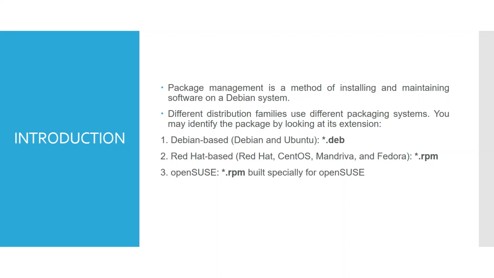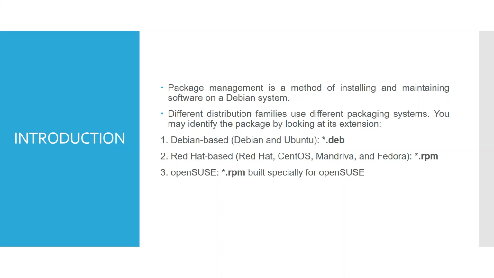For example, given here, we have three types of distribution. The first one is Debian. Debian and Ubuntu have the same package file, which is .deb. If you find any .deb package, it works for Debian and also Ubuntu. Next, for Red Hat based operating systems, like CentOS, Mandriva, Fedora, they use .rpm.